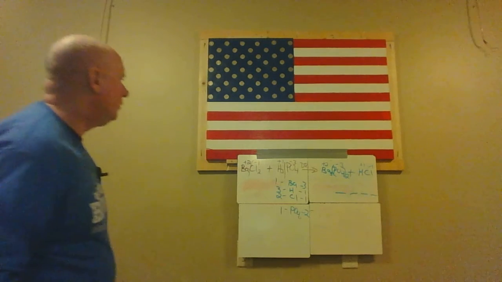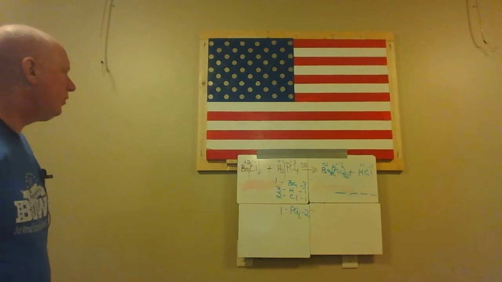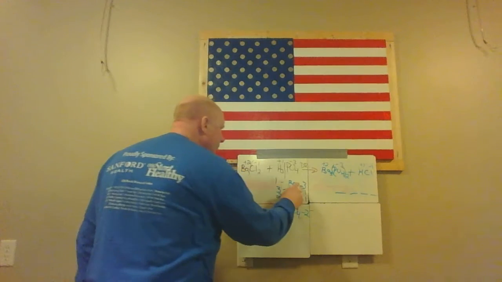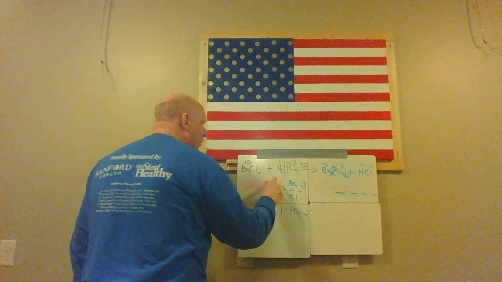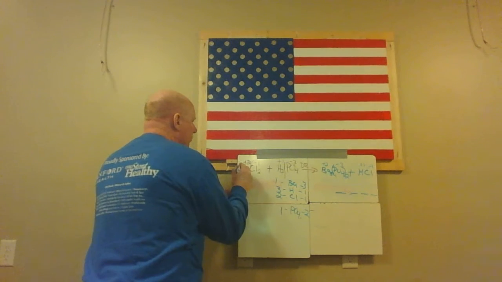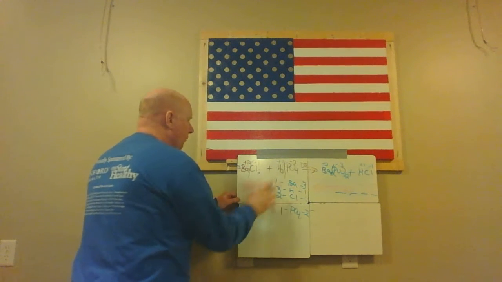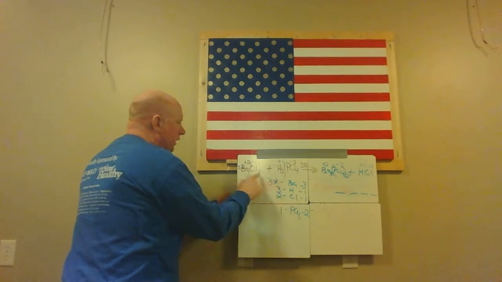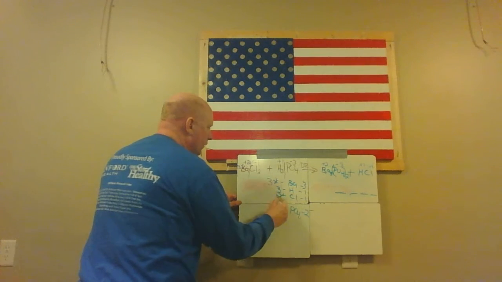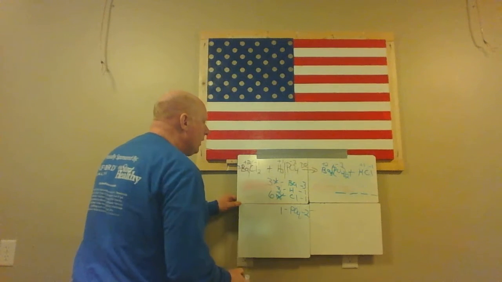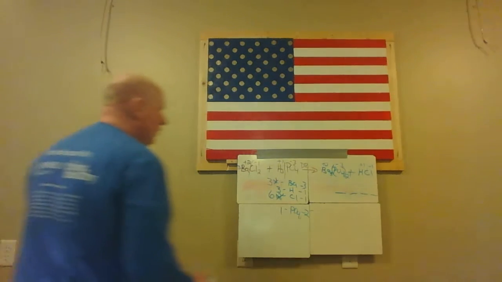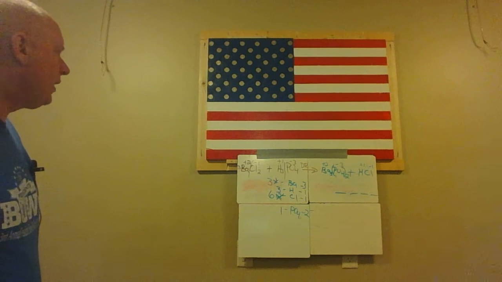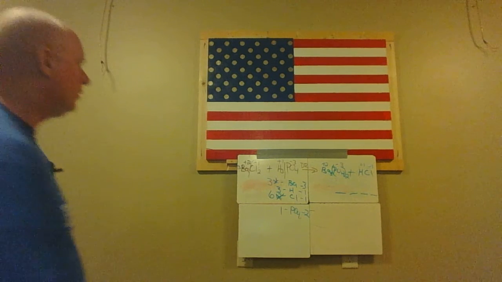Okay, so it looks to me like the best place to start then would be with that of our barium. Okay, we got 3 on the right and 1 on the left. So let's go ahead and put a 3 here, distribute that through the entire compound. That gives us 3 here, 3 times 2, that gives us 6 for the chlorines. Okay, so the next thing we can do is, let's go ahead and balance out our phosphates, or you can look at your hydrogens.